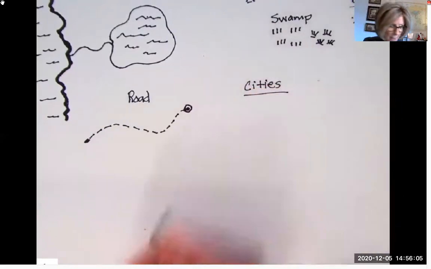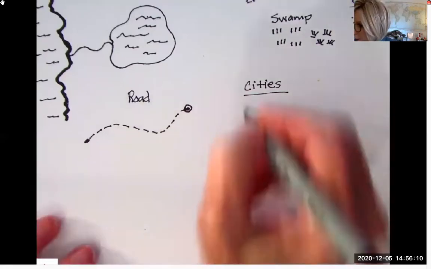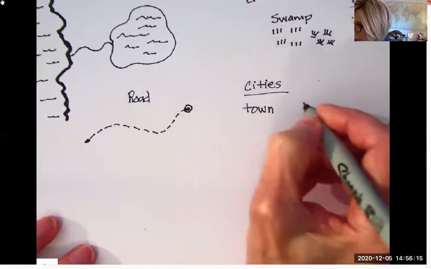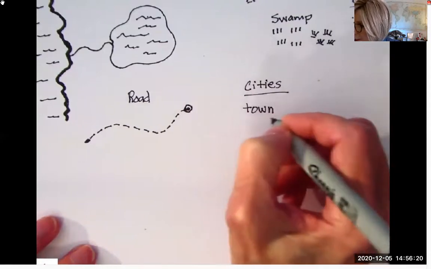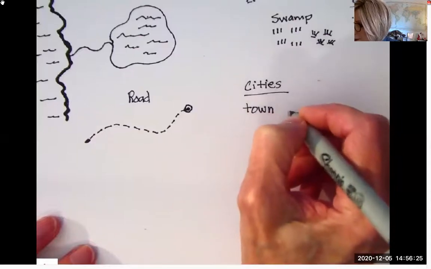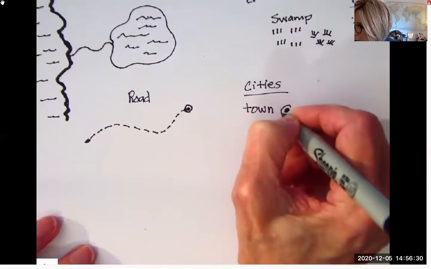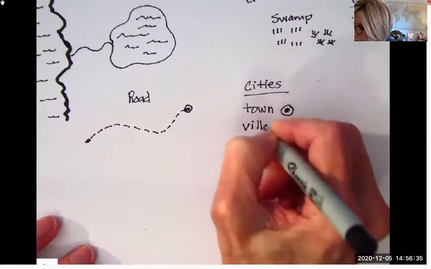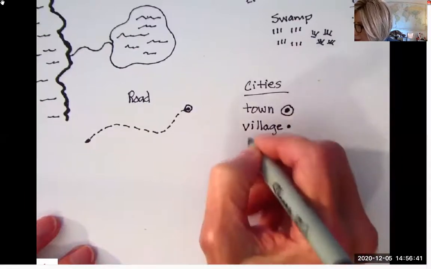If this is a town, or could be a village. I should have said a village first. A town is a little bit bigger. A village is smaller in population. So it could be like this. A city is much bigger.